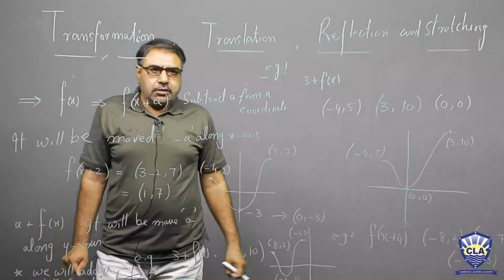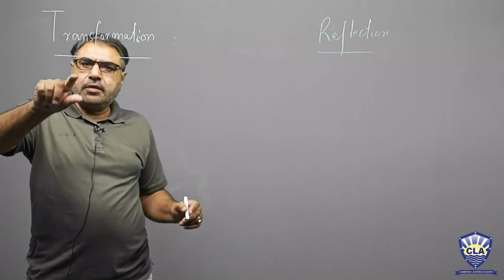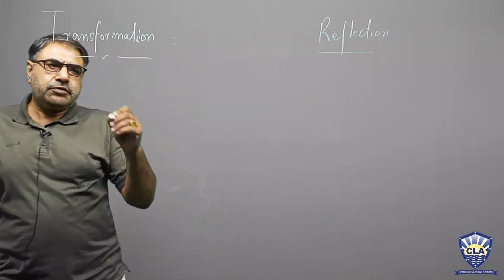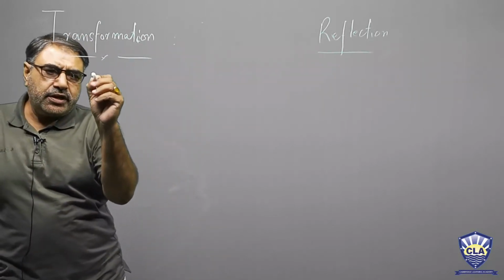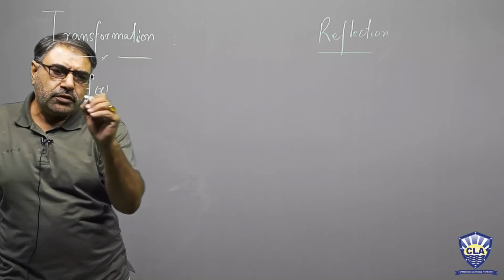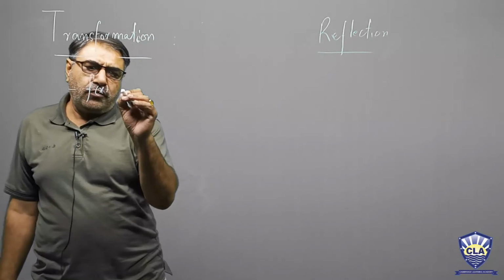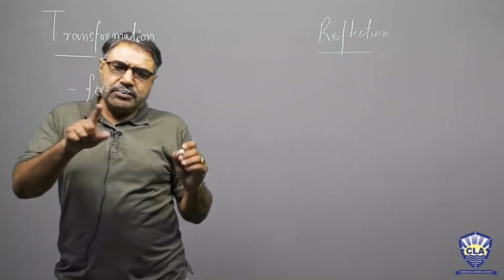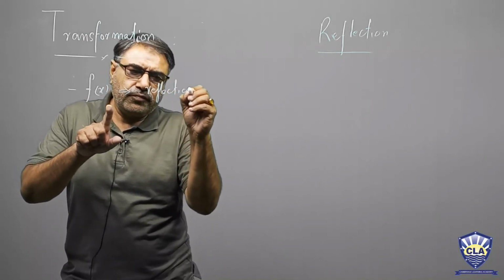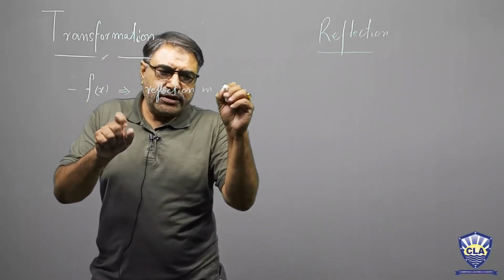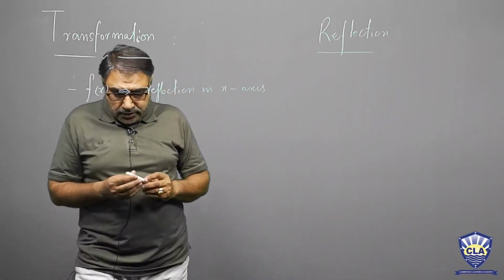It is the translation. Now reflection. In a reflection, a negative sign will be multiplied. If the negative sign is multiplied with the whole of the function, it means that it is a reflection in the x-axis.